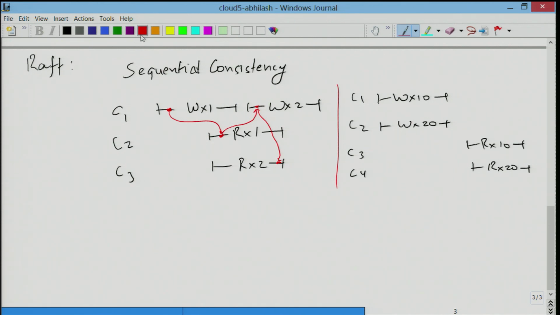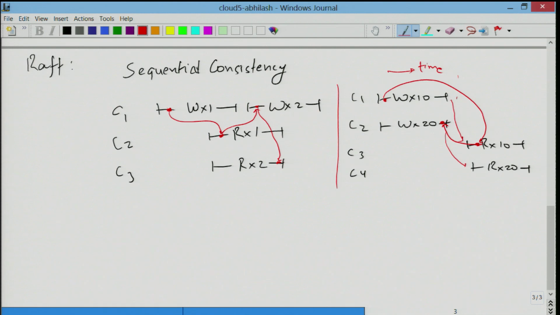Right, so the history should respect linear time ordering. So according to time ordering, writes happened before reads according to real-time ordering, right? So this is the time. And then reads should read the latest write, right? So according to real-time ordering, WX10 happened sometime before RX10, right? But RX10 must have happened sometime before WX20, right?